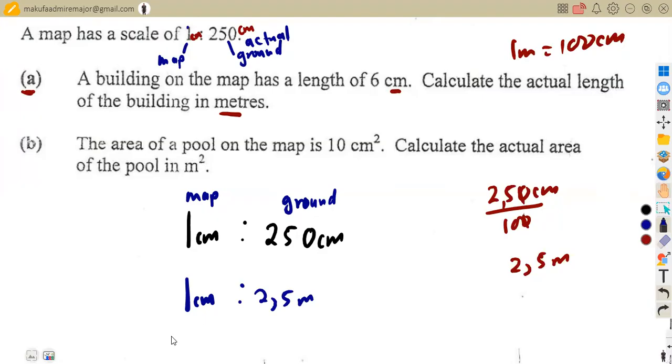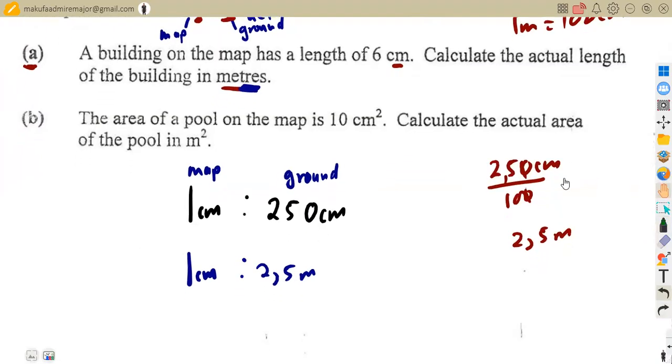So you work to the part that you are supposed to work with according to the question. Our question wants us to express in meters. So just know the relationship between the centimeters and the meters, to say the 1 centimeter that we are seeing here is the same as the 2,5 meters that is on the ground.